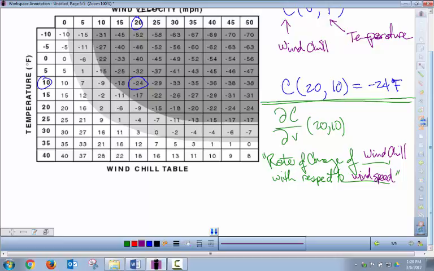So the way you're feeling it will change, right? So the question is, what is the rate of change of your temperature from 20 miles per hour to 25 miles per hour? The way to get that is to get an approximation. The best we can do is estimate. So we'll estimate this.